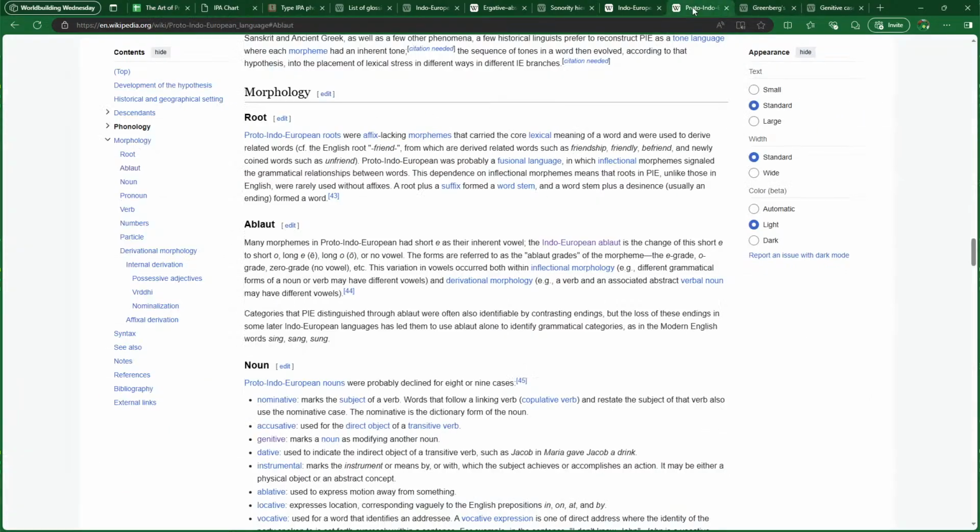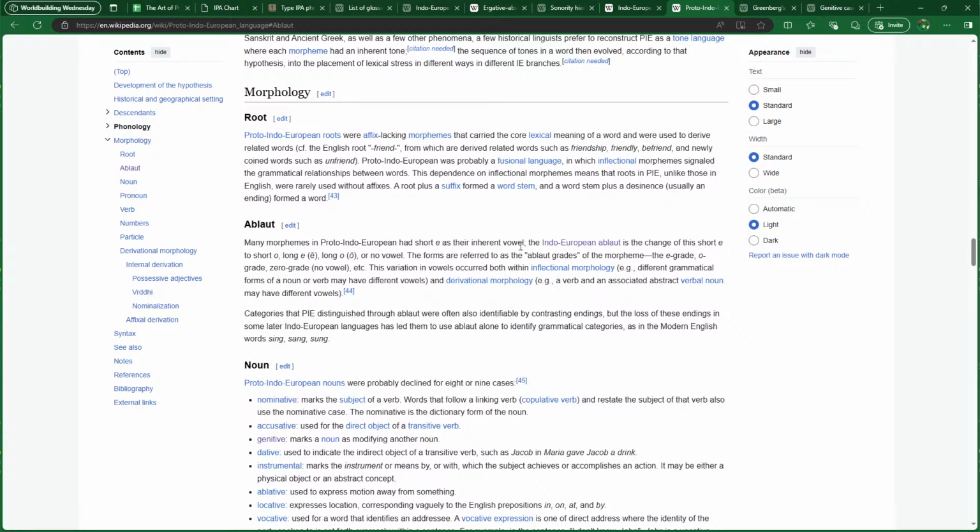Because there's no plain root words. Affix lacking morphemes that carry the core lexical meaning, right? About this change of short E to short O, long E, long O, or no vowel. The forms are referred to as the ablaut grades of the morpheme.